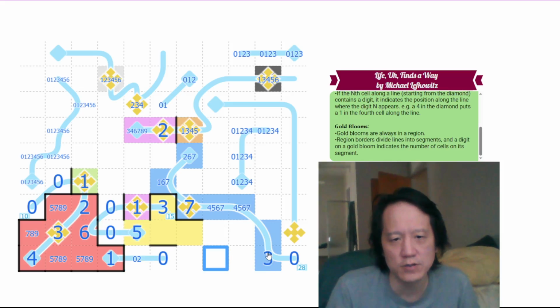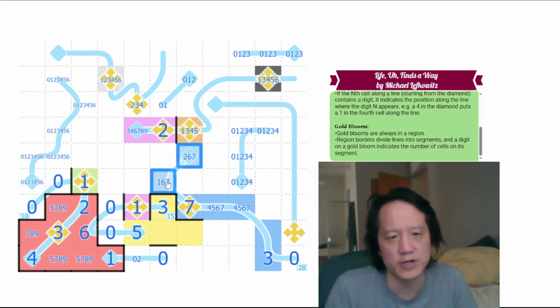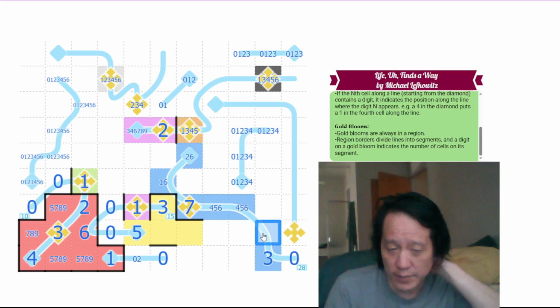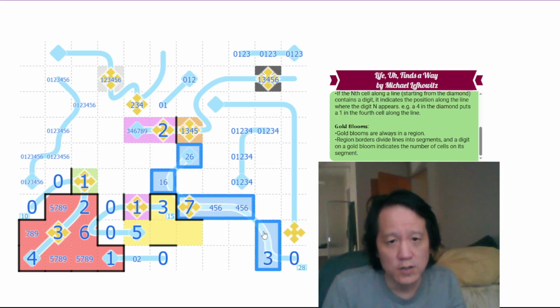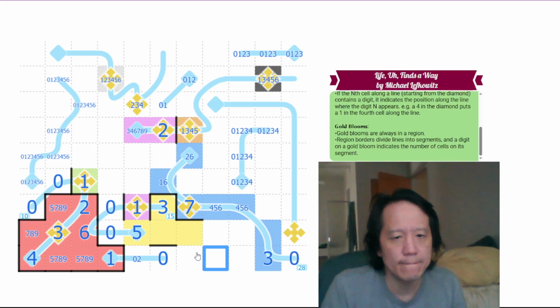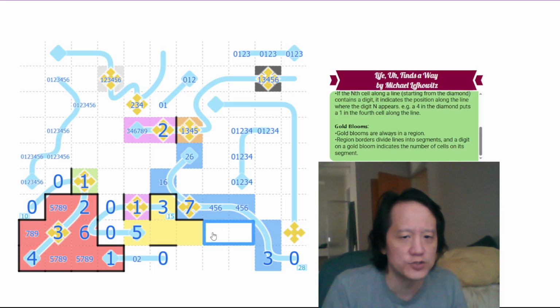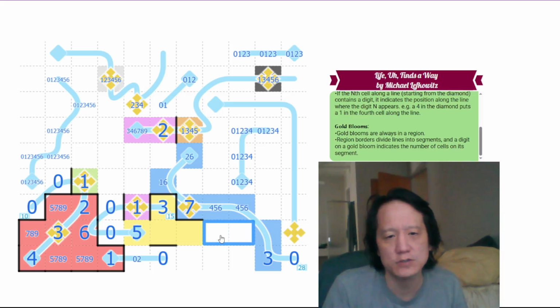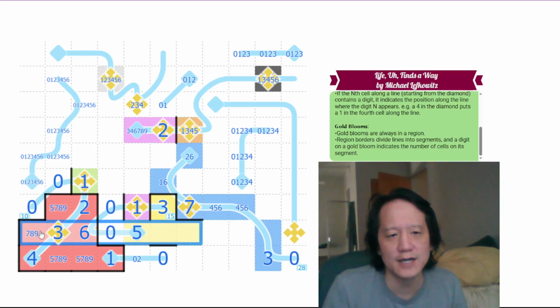We don't know. So 7 goes to the third spot. None of these could be 7. So 6 cannot be here. 6 cannot be 3, 5, or 6. This is not a digit. This has to be a digit, so one of these two at least cannot be a digit. Right, because that's 9 cells in 11 cells here.